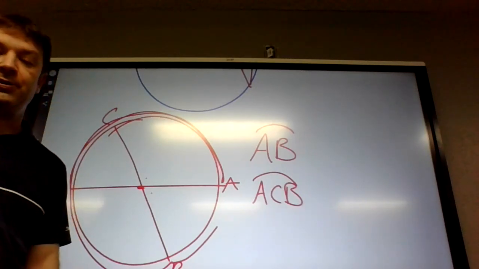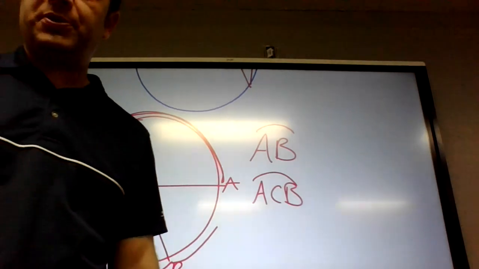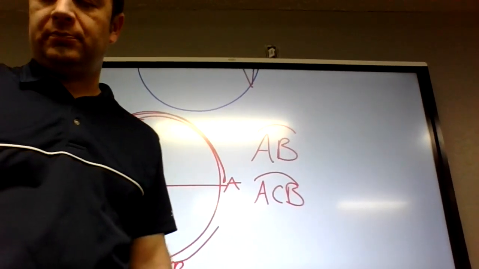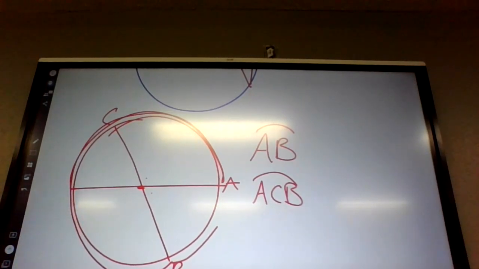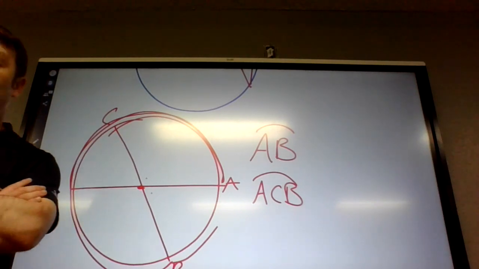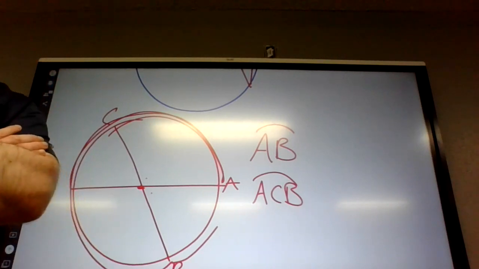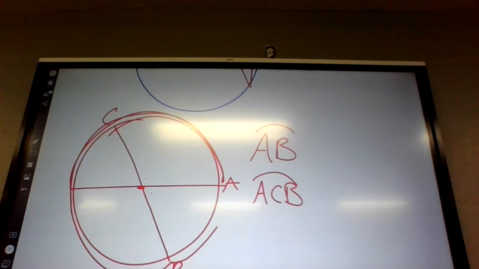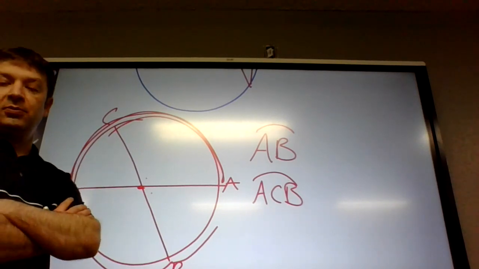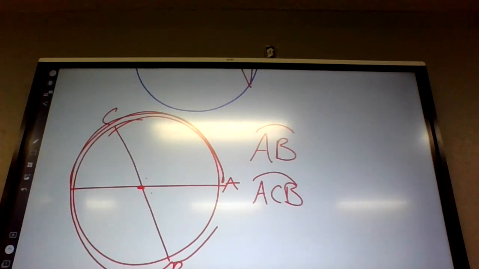So it's 58 times 2, so it's 116. So on number 2, if arc YZ is 178, then angle X would have to be, what would we do? 178 divided by 2.